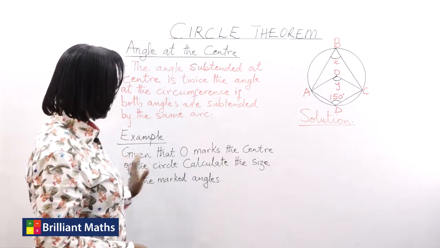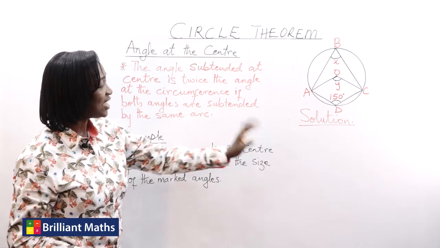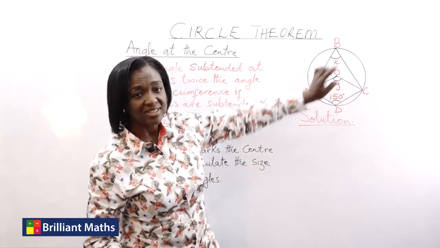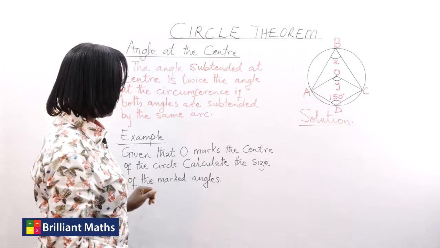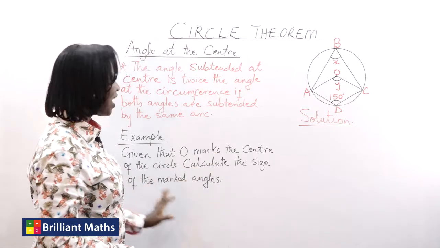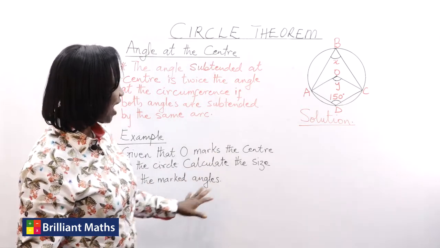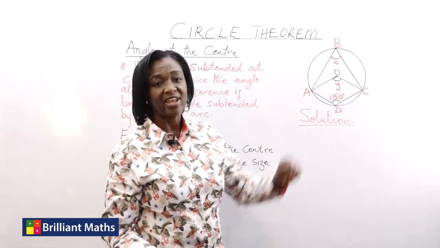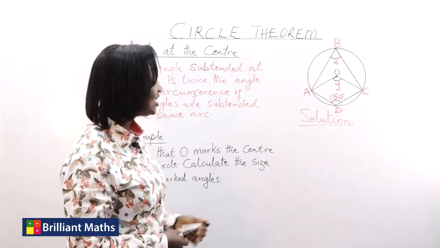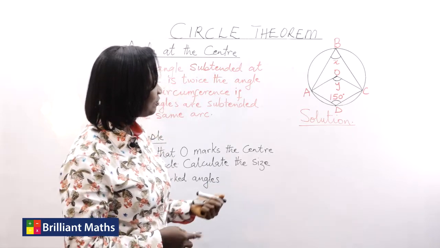So for this example, it says, given that O marks the center of the circle, calculate the size of the marked angles. So we have the size of angle X and Y to calculate.